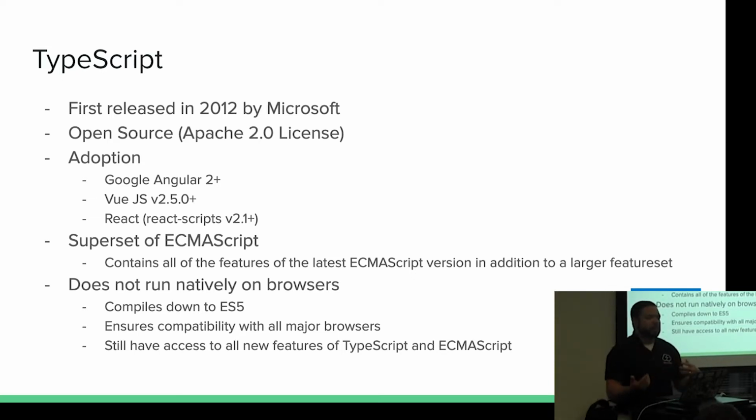So you say, well, I can get the same thing by using the latest version of ECMAScript and then transpiling it down. Well, yeah, you may get the language compatibility, but then you're missing out on the huge feature set that is typing of your entire code base.